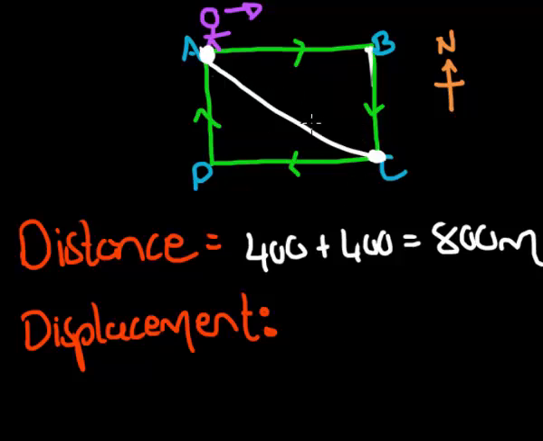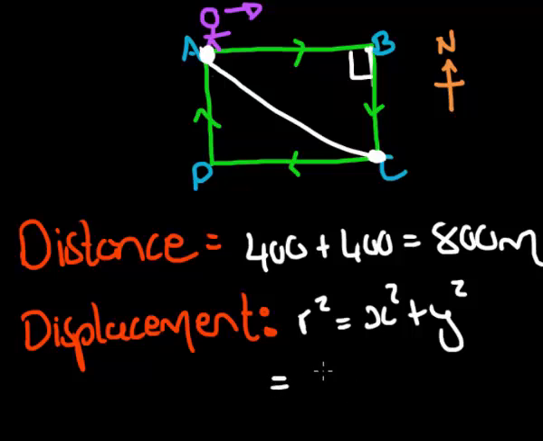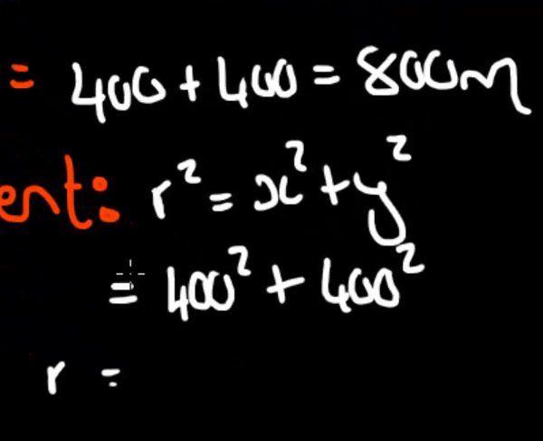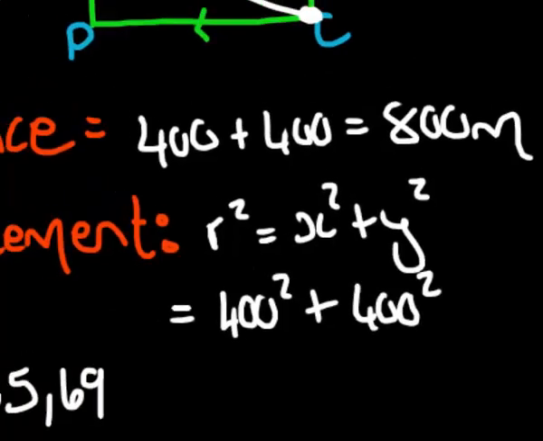Now to calculate this value, we'll be using Pythagoras, seeing that this is a 90-degree angle between your AB and BC line. So we'll make use of the formula r squared is equal to x squared plus y squared, where my x and my y are both 400 meters, which need to be squared. And at the end I'll do the square root in order to get my r alone.